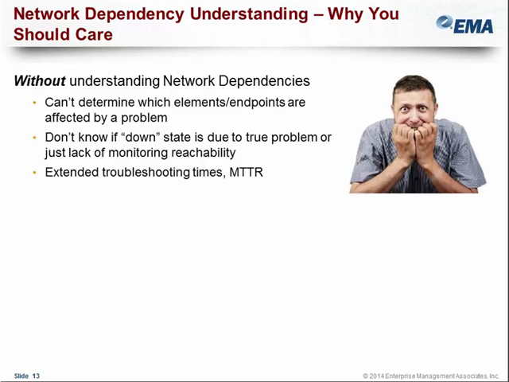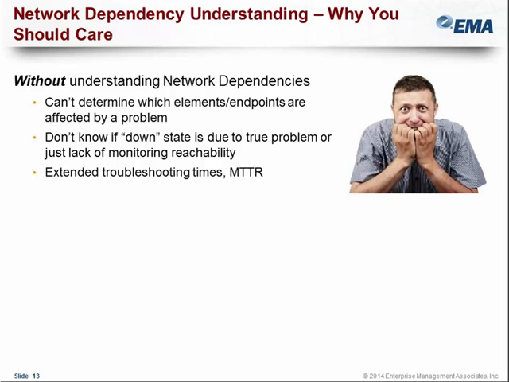So a little bit more on that. Why do we care? A little more detail. Here's a guy who's very nervous and very unhappy, and I'm sure he's got an idea of what's going on. A bit of an extreme example, but essentially without those dependency information pieces, you won't be able to tell what endpoints are affected when there's a problem in the network, because you don't know exactly how they're connected.